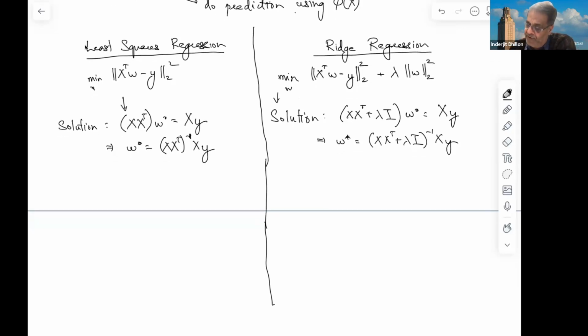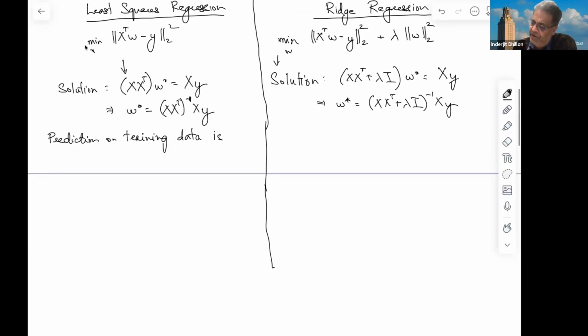Now in least squares regression, we saw last time that the prediction on training data is always going to be X transpose W star, where W star is given by X X transpose inverse times XY.